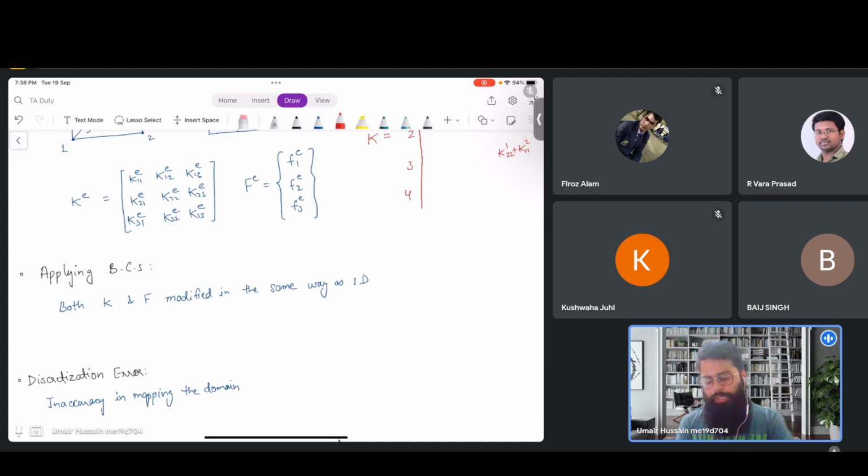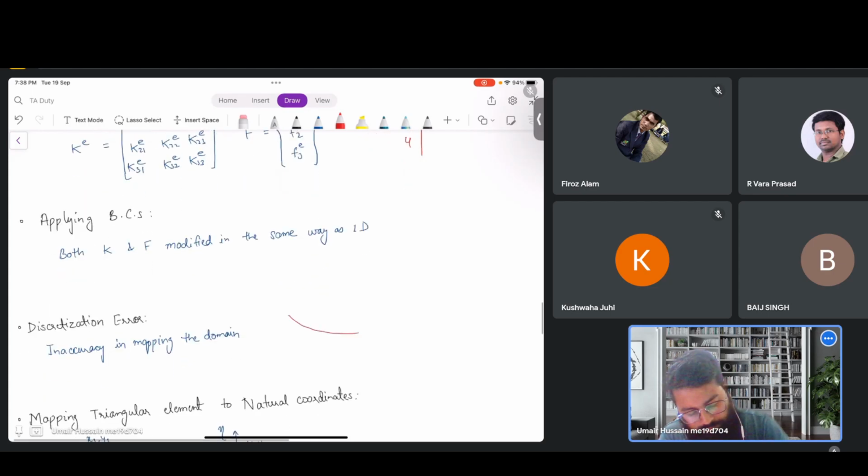To reduce the discretization error, we can refine our mesh. If we have some curved geometry here and we want to map this part with only one element, we have to go like this. Now we have this area which we have missed.